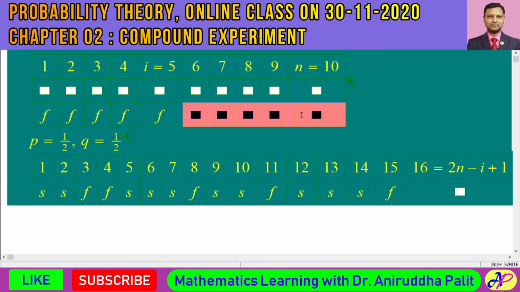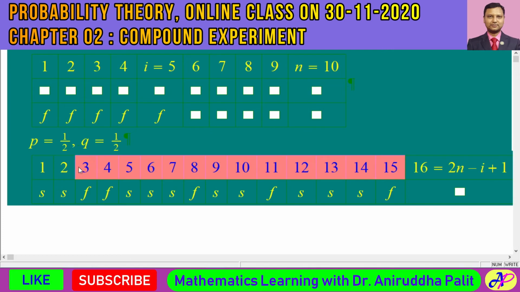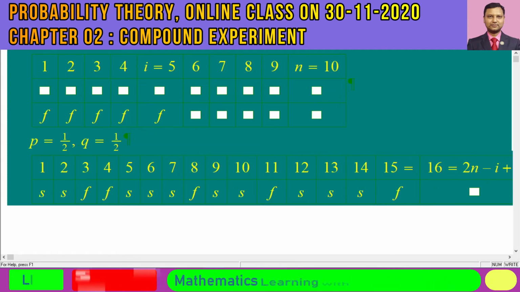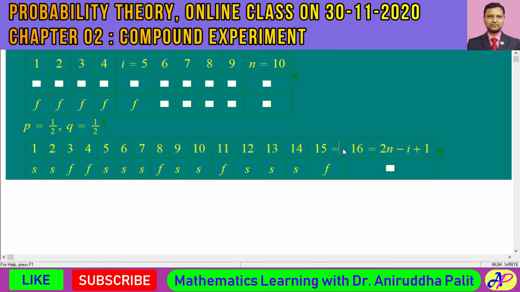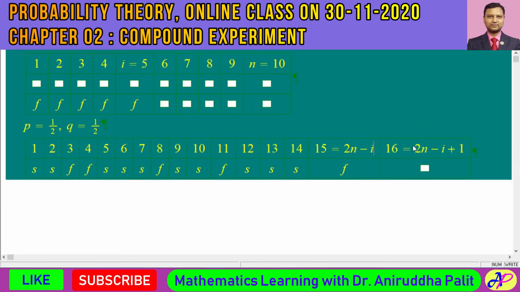I am repeating this once again: this 15 is actually 2n minus i. This 15 is equal to 2n minus i.